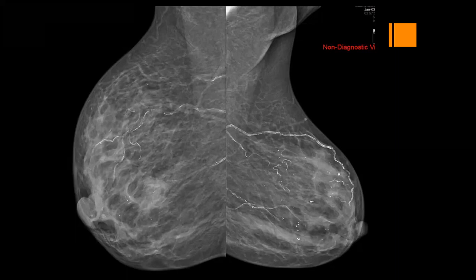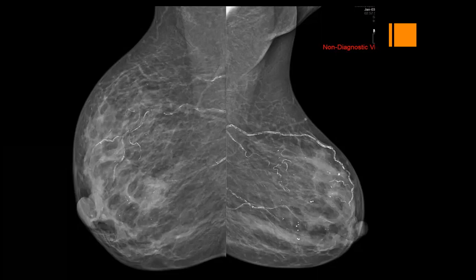What about the asymmetry? Which type of asymmetry? This area represents the focal asymmetry. Are you sure it is a focal asymmetry? Is it seen in the CC view?